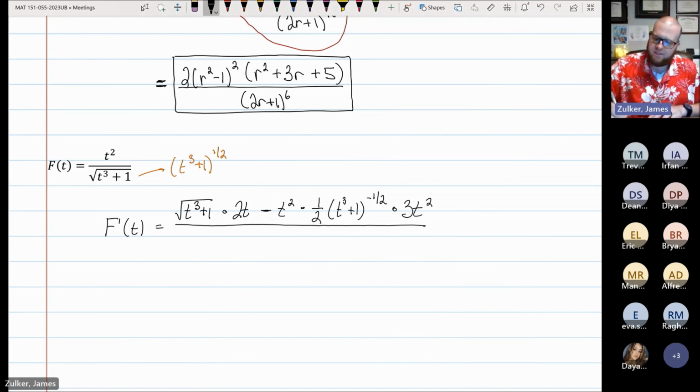Quotient rule then says you square the denominator. And by the way, that is your calculus step, right? Everything that follows from here is now algebra. So that's your only calculus step.